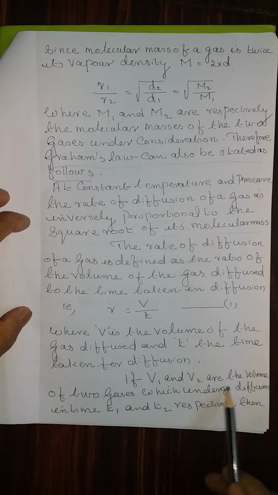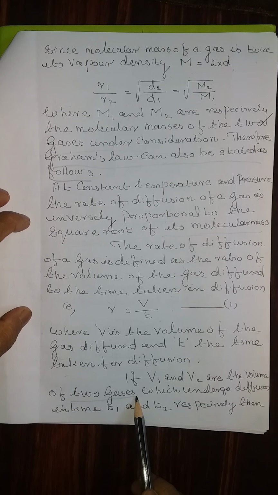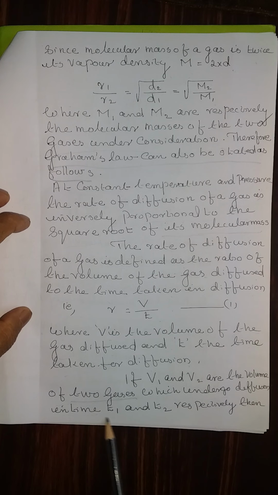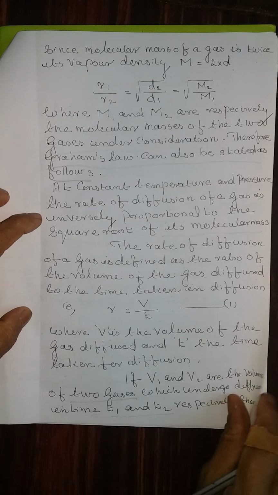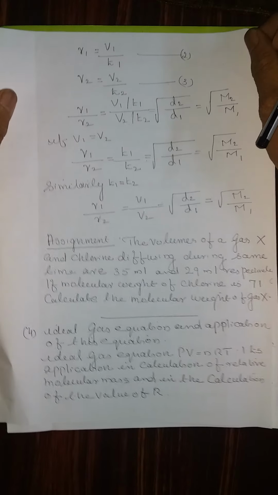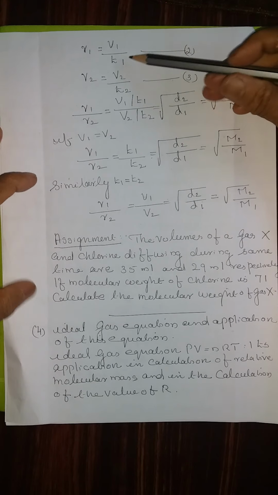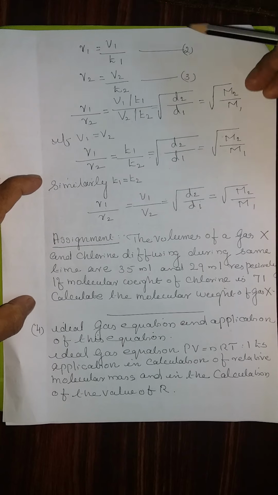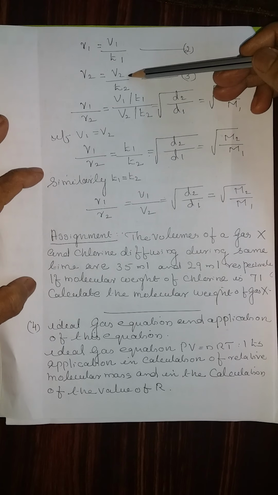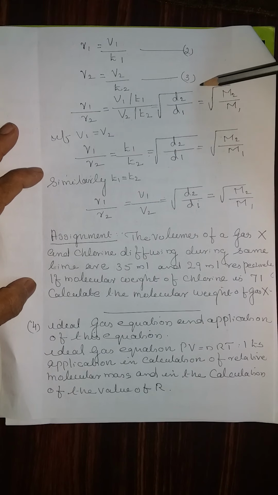If V1 and V2 are the volumes of two gases which undergo diffusion in times T1 and T2 respectively, then R1 = V1 by T1, equation number 2, and R2 = V2 by T2, equation number 3.